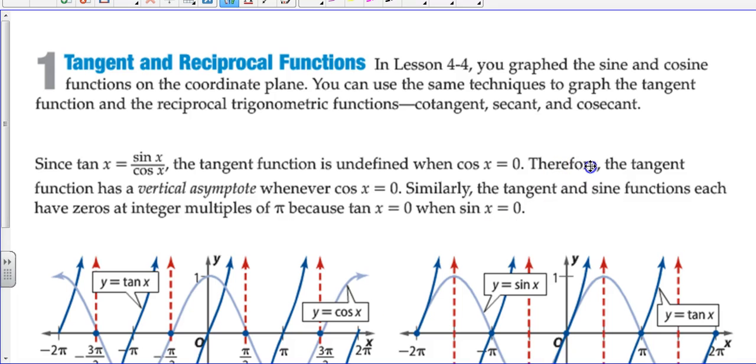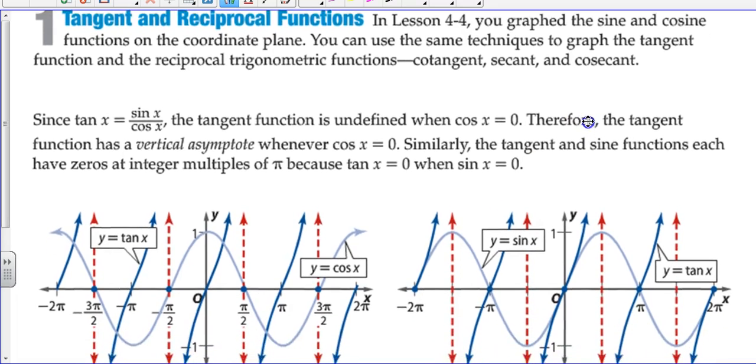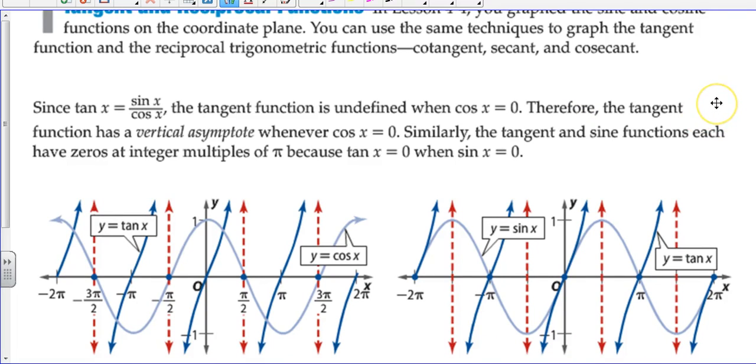All right. The book goes through an interesting discussion about how tangent comes from sine divided by cosine. It's kind of interesting, but it's not how I think of it. But let's just talk about this. Where would this sine over cosine be equal to 0?